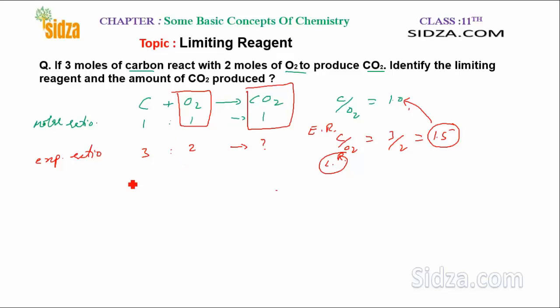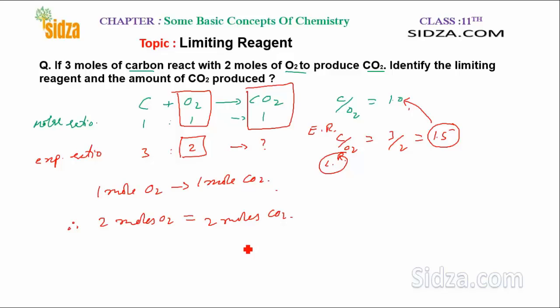From the balanced equation, 1 mole of carbon and 1 mole of oxygen produce 1 mole of carbon dioxide, and my limiting reagent is oxygen, which is 2 moles. So for 2 moles of oxygen, you will get 2 moles of carbon dioxide. Now let's see the excess reagent carbon, how much of the carbon is left at the end of the reaction. Again I will relate that with the limiting reagent.